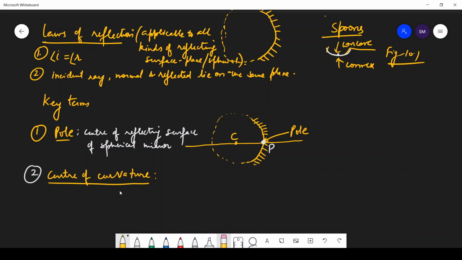So center of curvature is the point which is the center of the part of the sphere. If you want to write a definition of it, you can write: center of sphere.